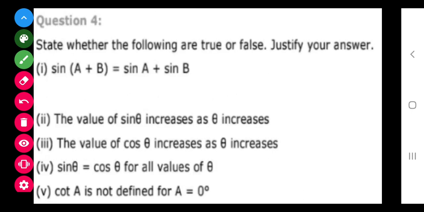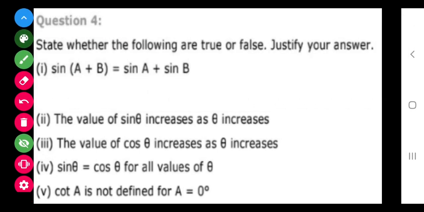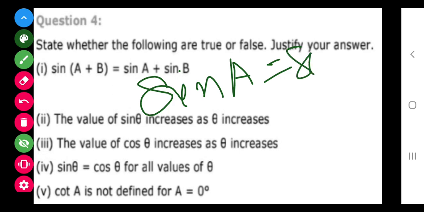Now the last is your true or false. The first part is false, because as I've already told you, sin A doesn't mean sin into A. So it follows here also. This is not equal.